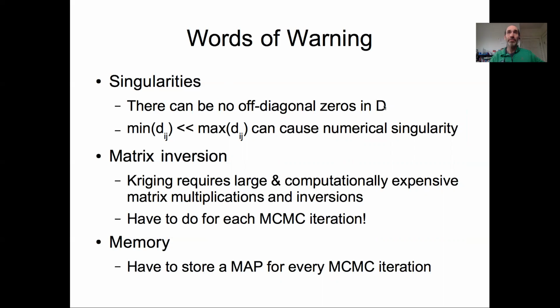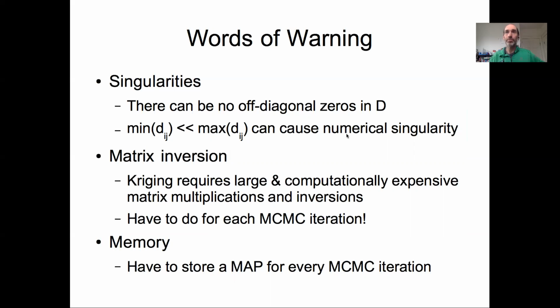And that applies in an absolute sense. And then the other challenge numerically is if the smallest distances in your distance matrix are orders of magnitude smaller than the biggest distances in your distance matrix.